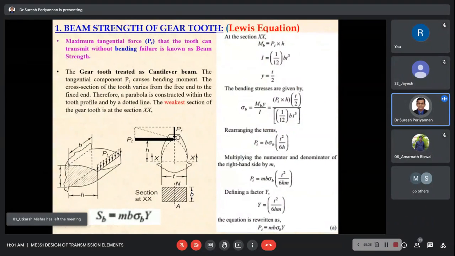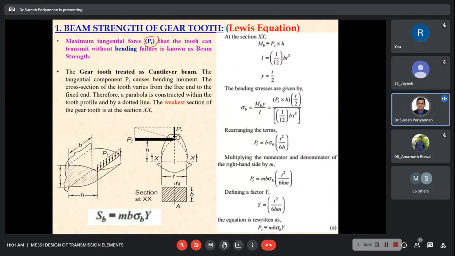Now the maximum tangential force PT that the tooth can transmit, that is, the tooth can transmit the torque without bending failure. Without bending failure, that is the beam strength. Now we will see that one by one. Now see here the gear teeth. This may be the pinion teeth or gear teeth.